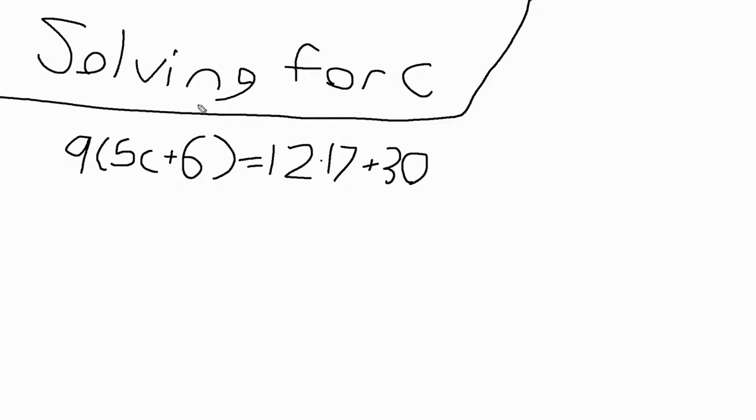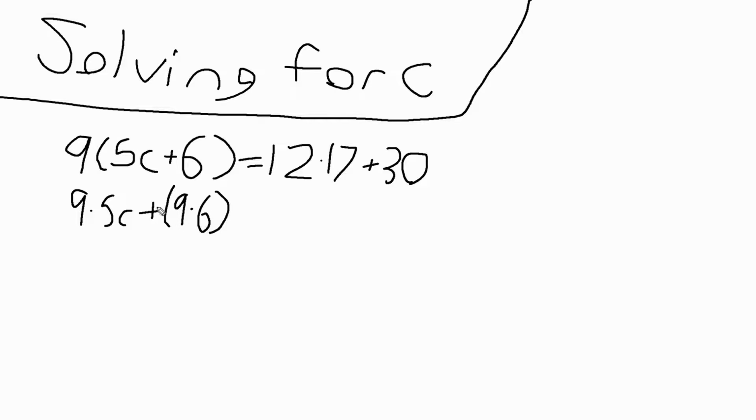So you might not be understanding what I'm saying, but I will show you right now and then you will understand. So for example, here we have 9 parentheses 5c plus 6. So using the distributive property, we can turn this into 9 times 5c plus 9 times 6.